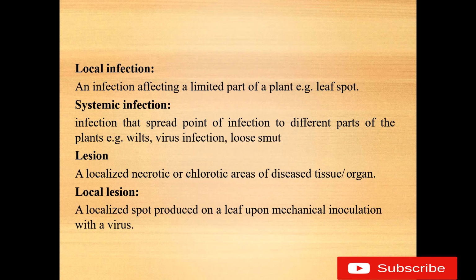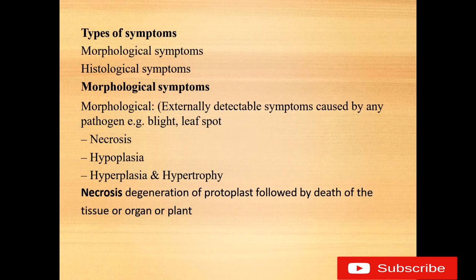For example, we can see that many leaves have diseased spots or certain holes. These are localized and are due to pathogen infection. Such symptoms are known as local lesions.